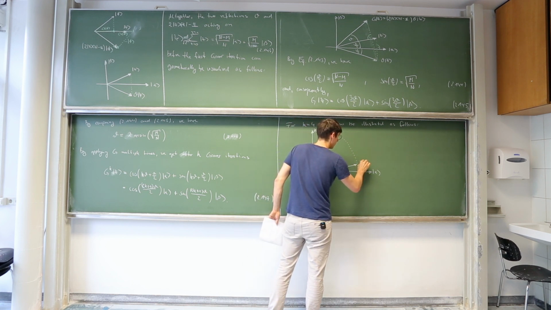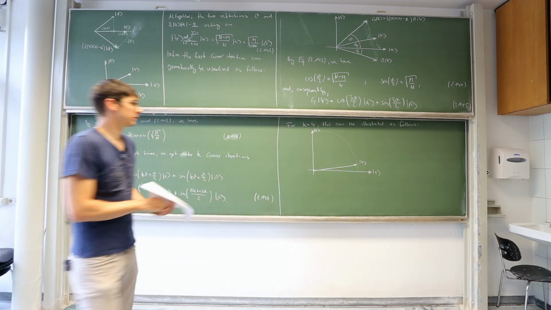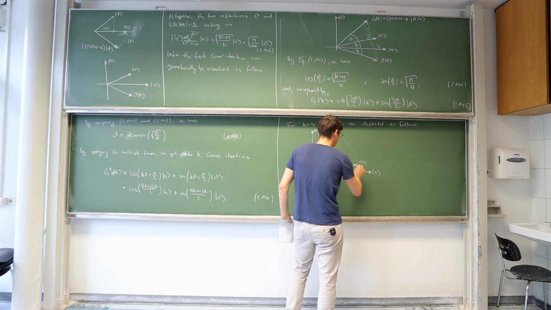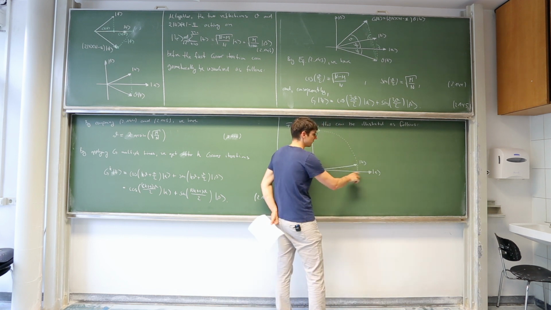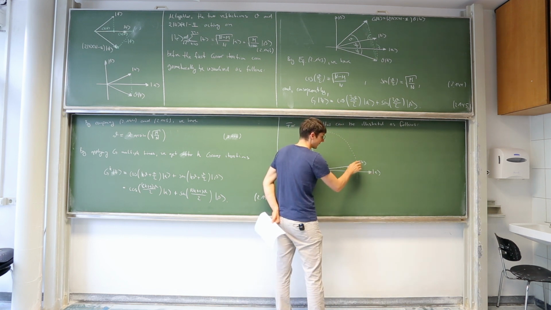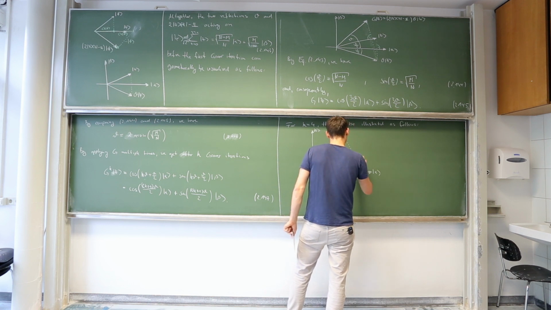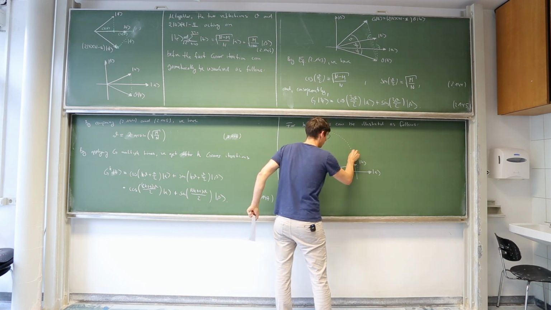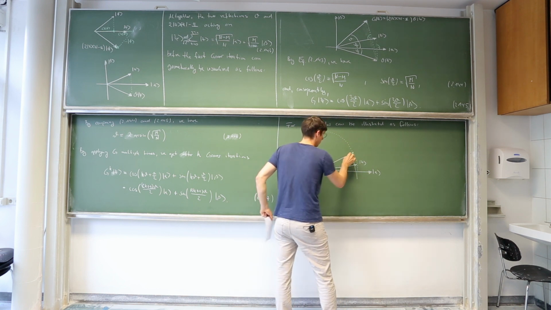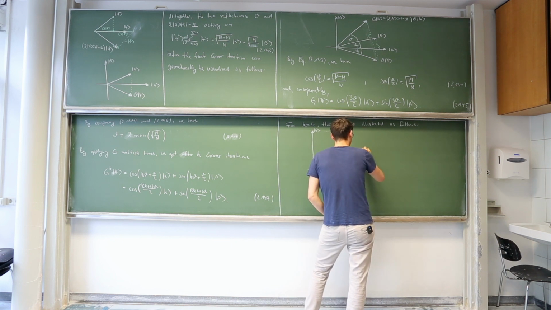Suppose now this is psi. And now with the first Grover iteration, we go down here. So we reflect with respect to alpha, and then we reflect with respect to psi. So we get that up here. So this is G psi.